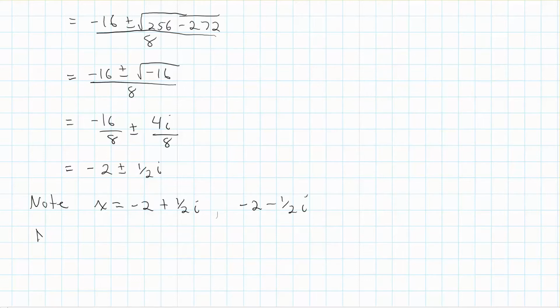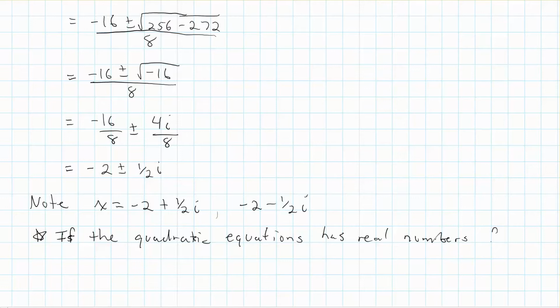And this is maybe a star here: if the quadratic equation has real numbers for a, b, and c, any complex solutions occur in conjugate pairs.